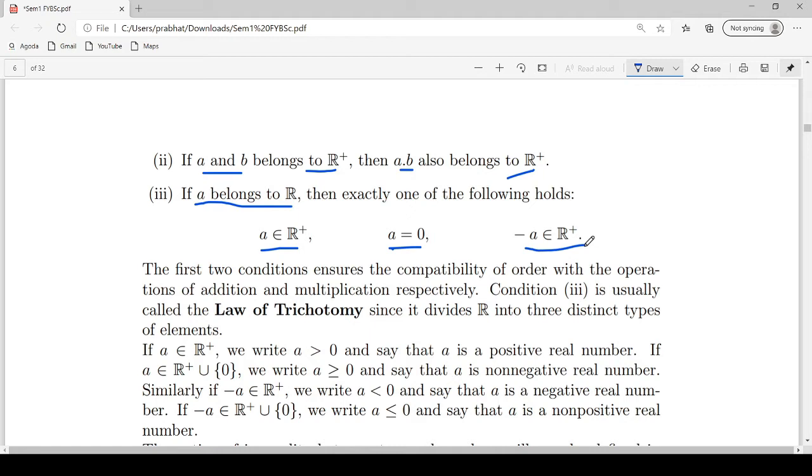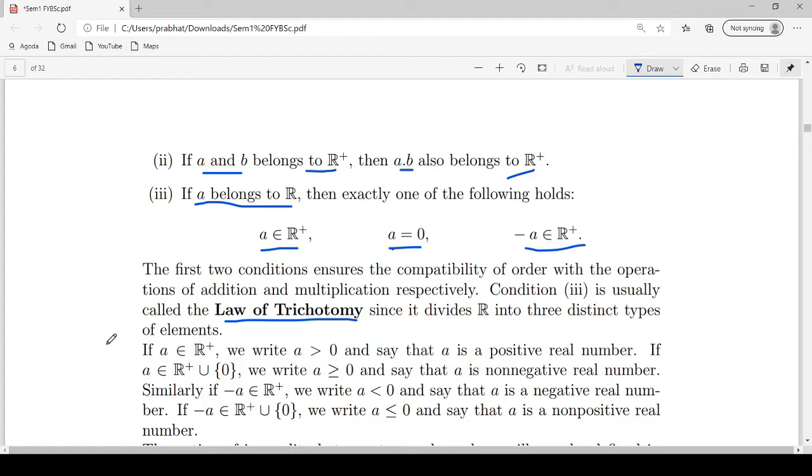So in this way, the set of positive real numbers R plus divides our set of real numbers R into three distinct types of elements, and therefore this third property is also called the law of trichotomy.